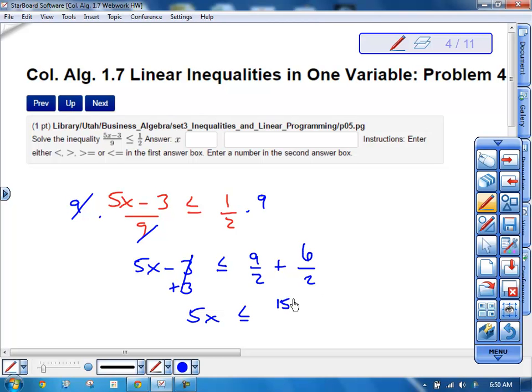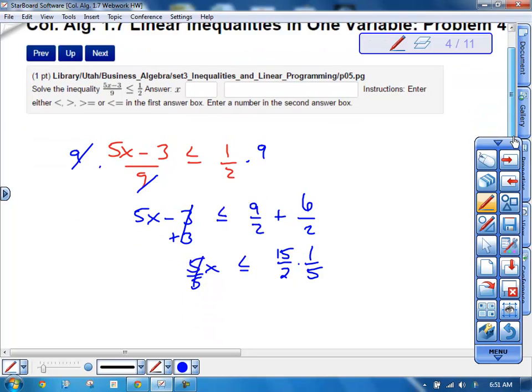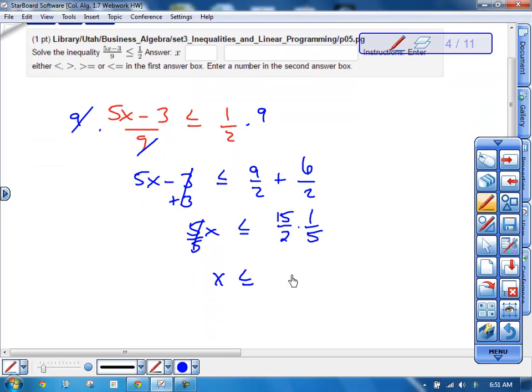So I get 15 over 2. Now I'm going to divide by 5. Instead of dividing by 5, I'll multiply by 1/5. That's the same thing. 15 over 10, which x is less than or equal to. 5 goes into this 3 times and into this twice, so 3/2 would be the better way to write it. So we're going to do less than or equal to like that, and then I'm going to do 3 over 2 here, or 1.5.